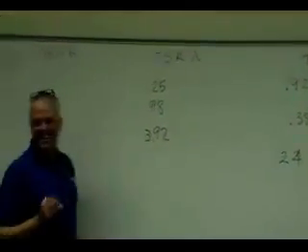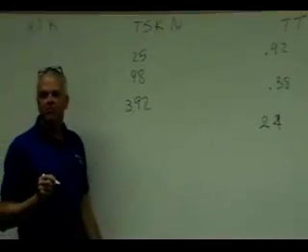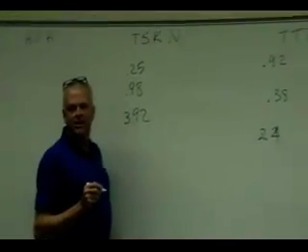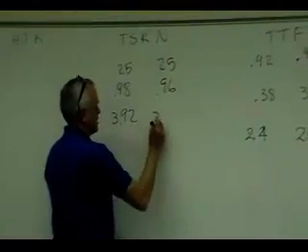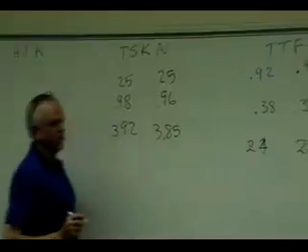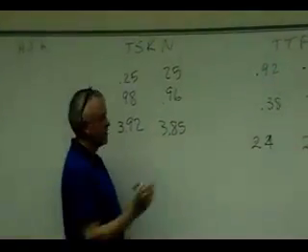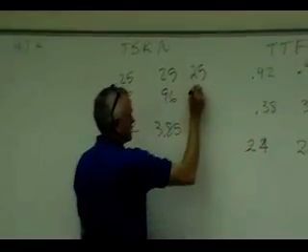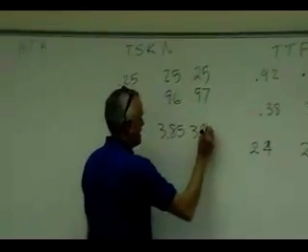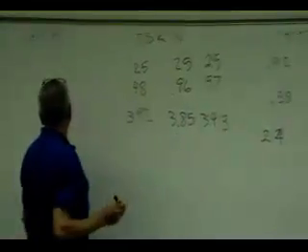What'd you have for medium? 0.25, 0.96, 3.85. And then the large triangle. 0.25, 0.97, 3.93. Okay.